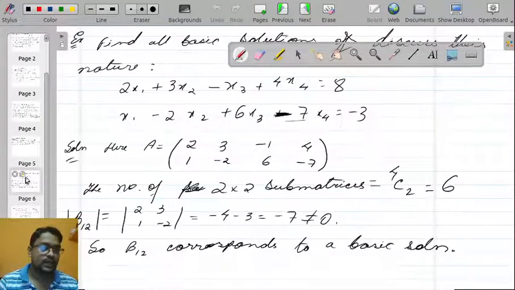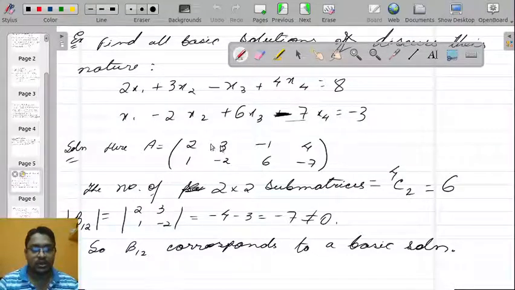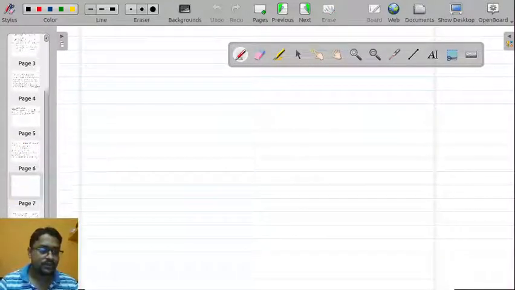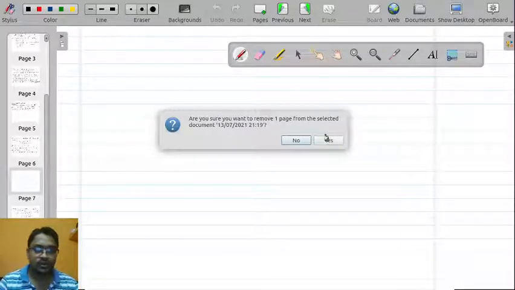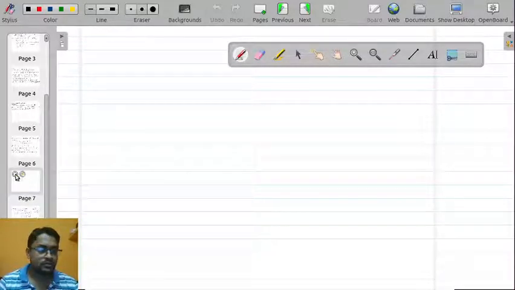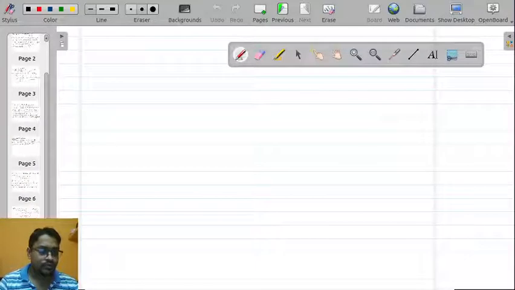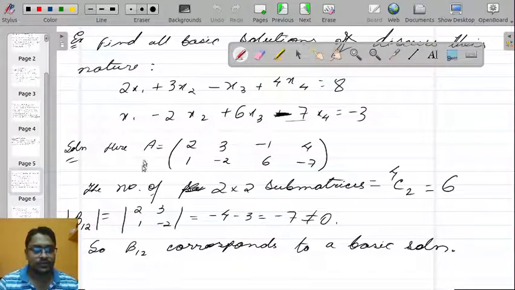The second one is we take B13. We started with the first and second column, then we'll go to the first column and third column. So B13. What is B13? If you see from here, it's 2 1 minus 1 6. If I take the determinant, it is 2 1 minus 1 6.